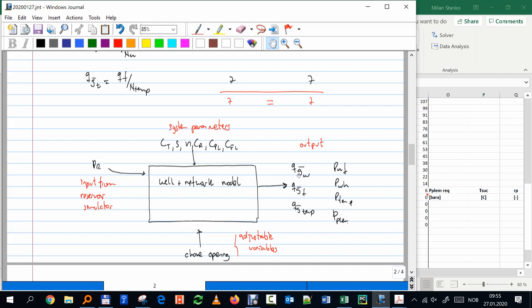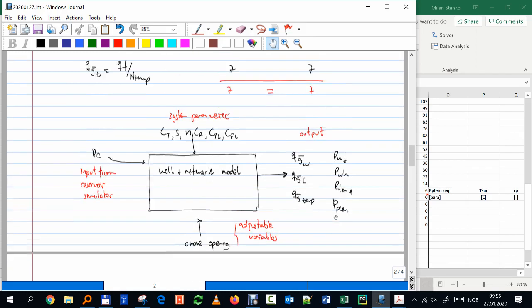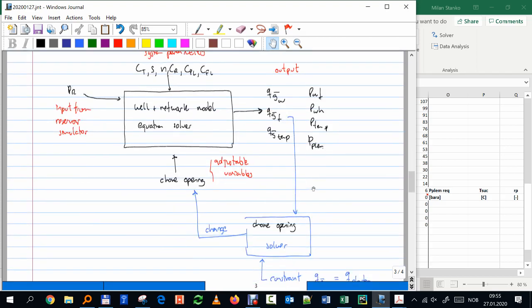The rate in each well, the rate in the flow line, the rate in the pipeline, and all of these pressures. And then I say, if using this model you want to produce at plateau rate, you have to put in another solver. This solver is sometimes called an optimizer.